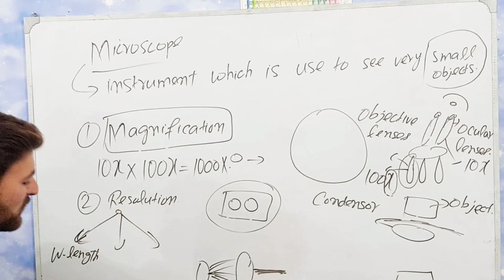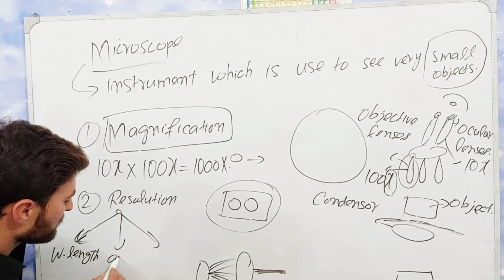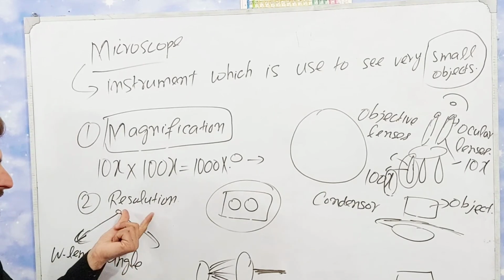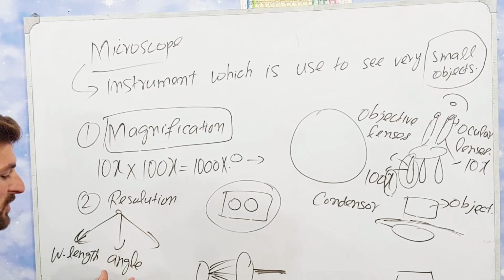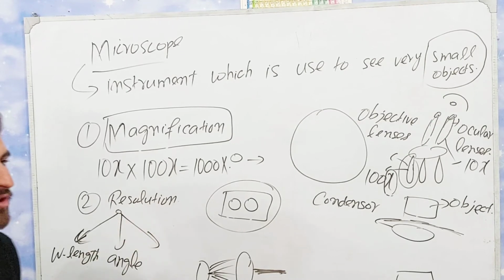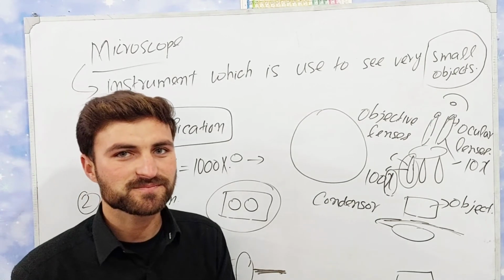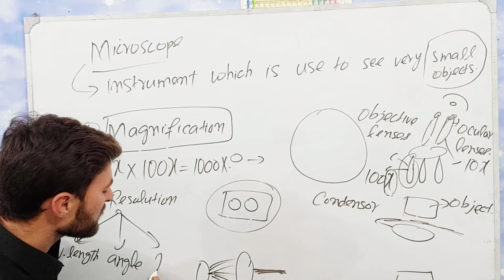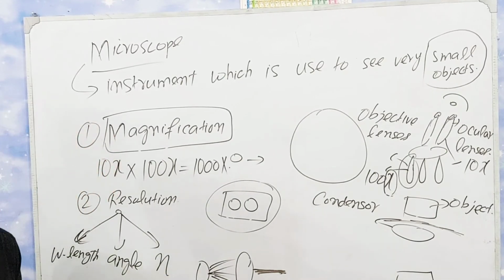This resolution also depends on the angle, but the relationship between the resolution and the angle is directly proportional. If the angle is more, the resolution will be more, which means the image will be very clear. And with that, it also depends upon the refractive index.